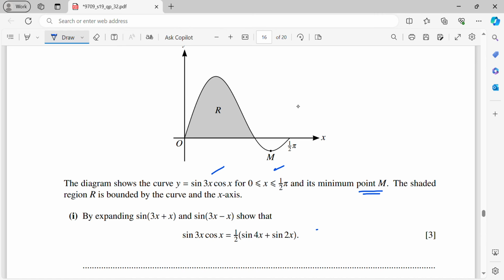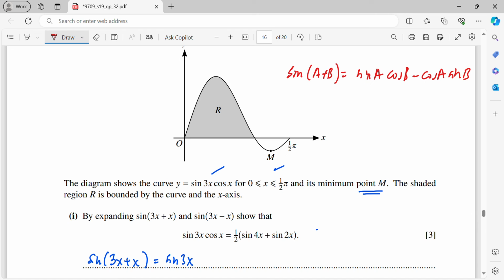Okay, so now I will just write sine (3x plus x). We have a formula: sine (A plus B) is sine A cos B plus cos A sine B. Okay, another one is the minus. So when here is minus, this is plus.